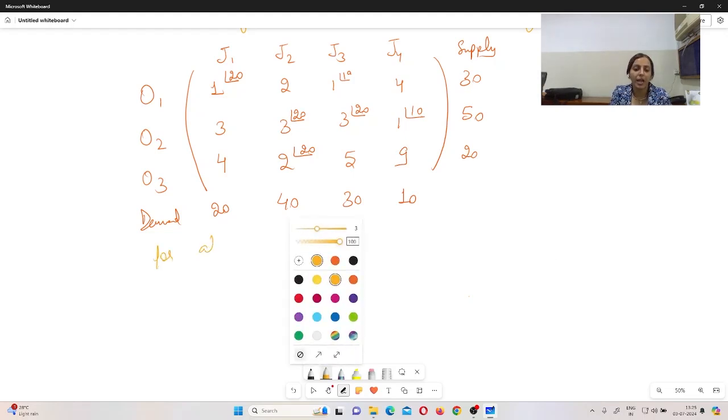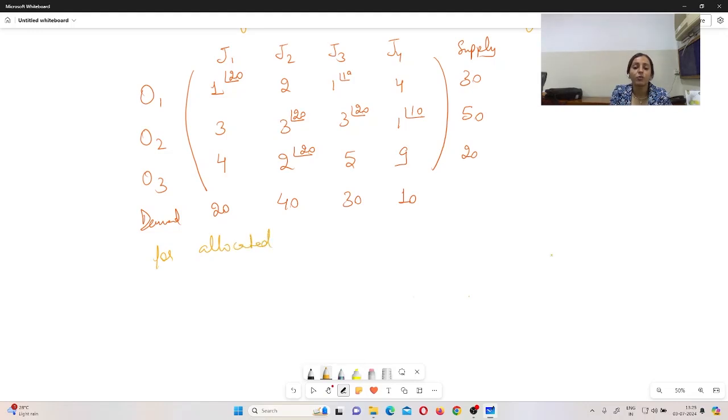So write it: for allocated cells, we have to check whether Cij, don't worry, I will explain every term, Cij should be equal to Ui plus Vj, right? Cij should be equal to Ui plus Vj.